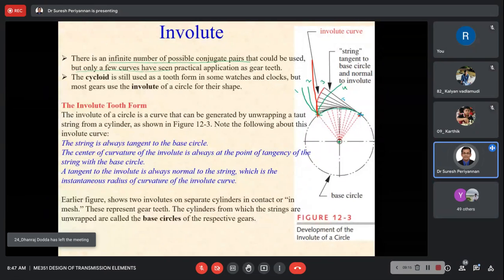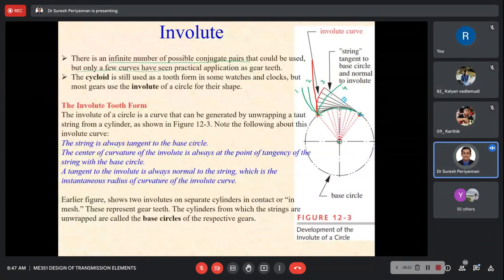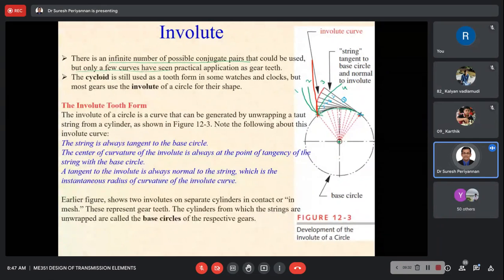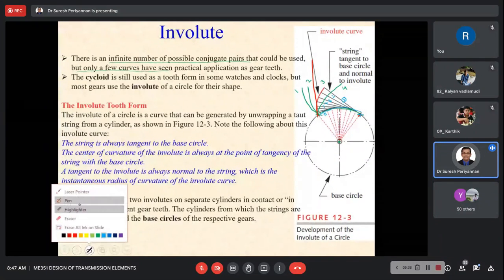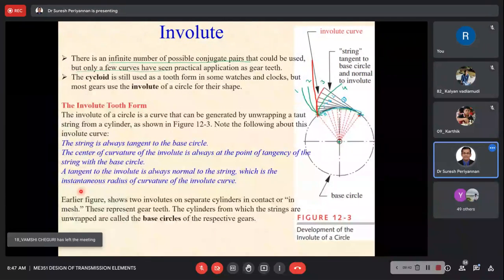This is tangential line 1. Then I take another point, tangential line 2, tangential line 3, tangential line 4, tangential line 5, tangential line 6, up to n number of lines. From this region, from this point to this point, I can draw n number of tangential lines.